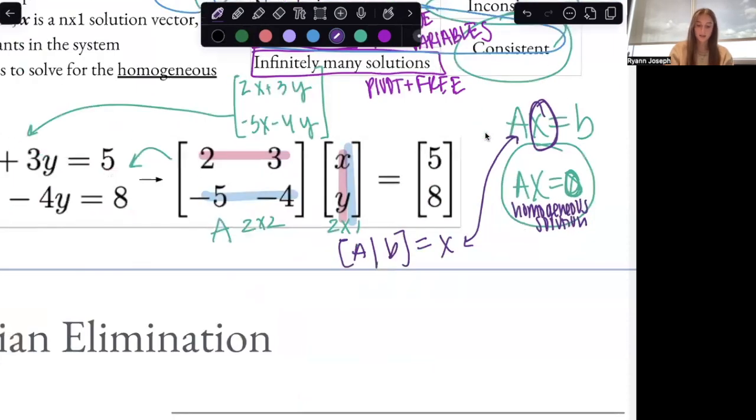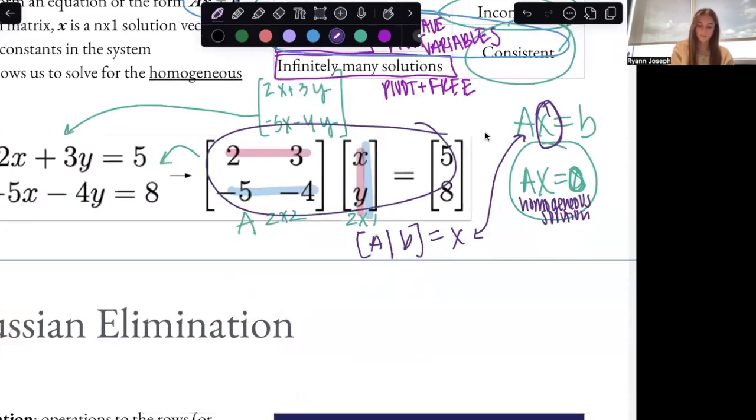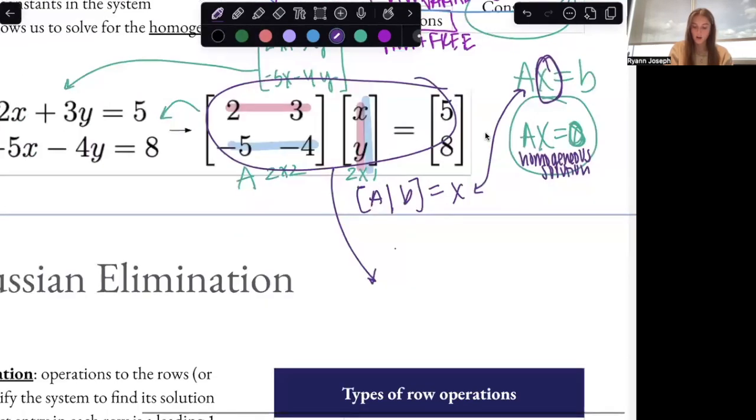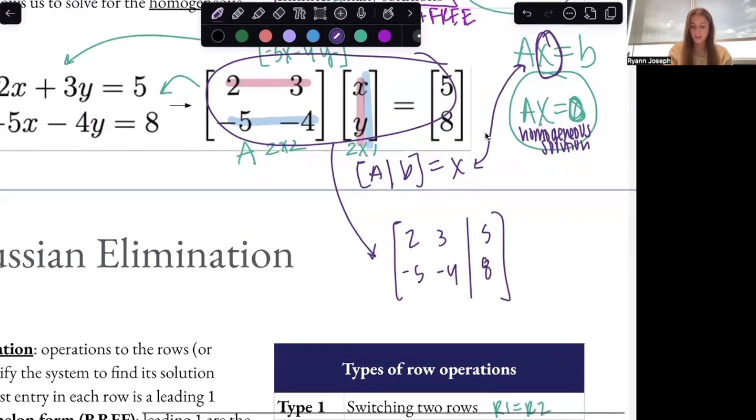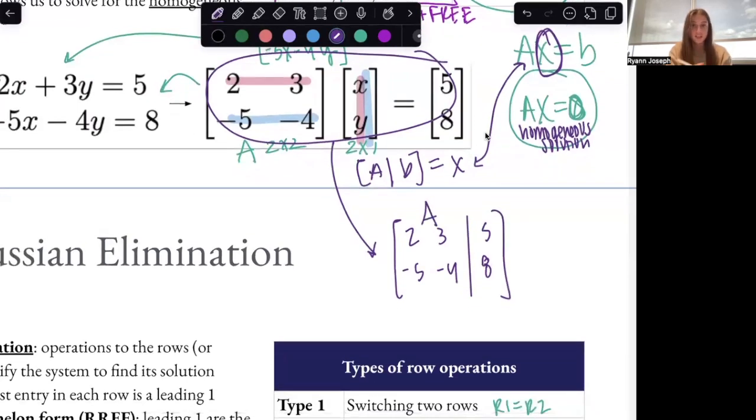To solve it, I would augment A with b, so 2, 3, -5, -4, then a vertical line, not a bracket, just a vertical line, and then I write 5, 8. In this form, this is my coefficient matrix A, and then my solution, b, is on the right hand side. The x is temporarily gone because that's what we're solving for. So that's the idea of augmentation.